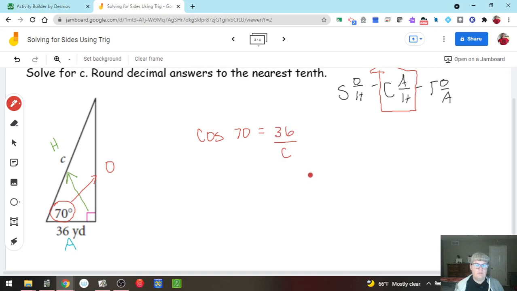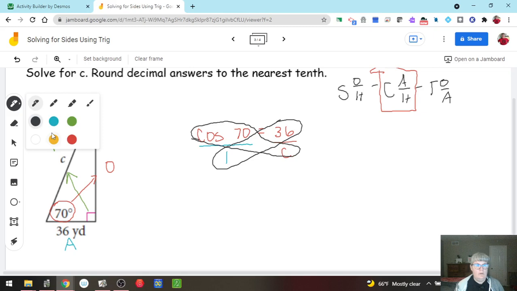Now this is different from the last problem because our unknown is in the denominator. So what I'm going to do is I'm going to write the cosine 70 over 1 so that it looks like I have a proportion. And then I'm going to use the butterfly method to solve this. So we're going to end up with c times cosine of 70 equals 36.